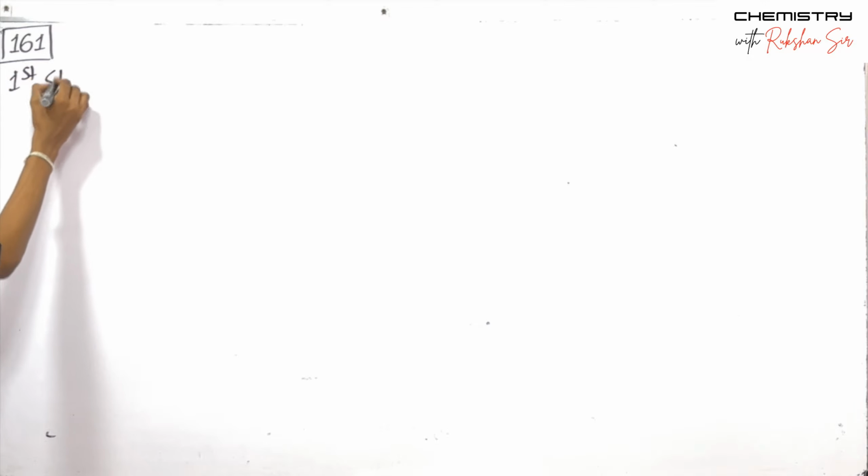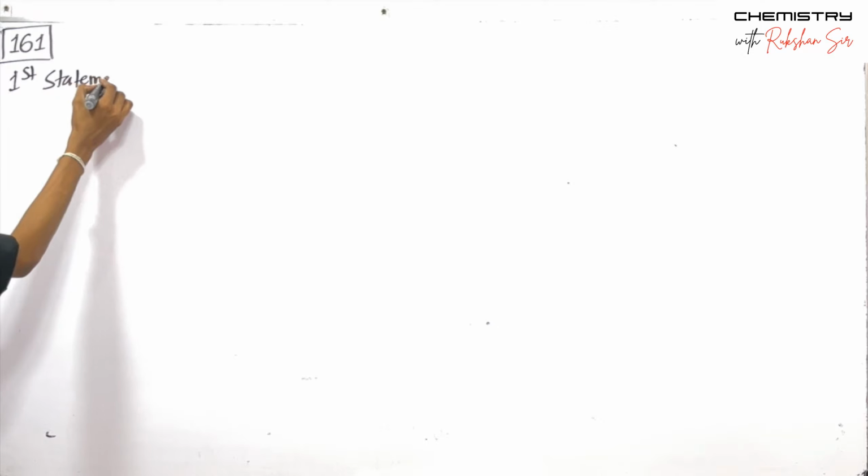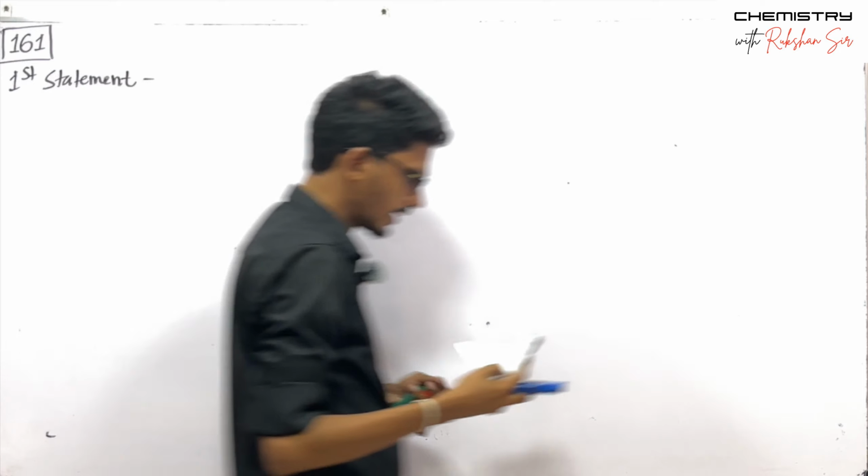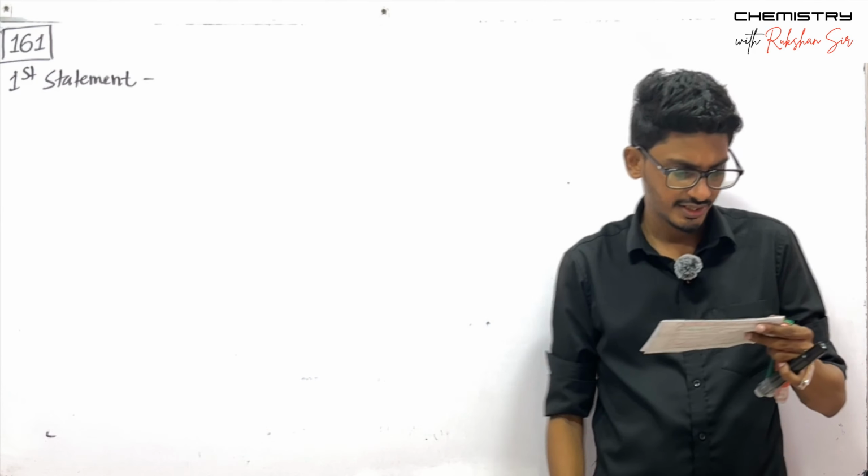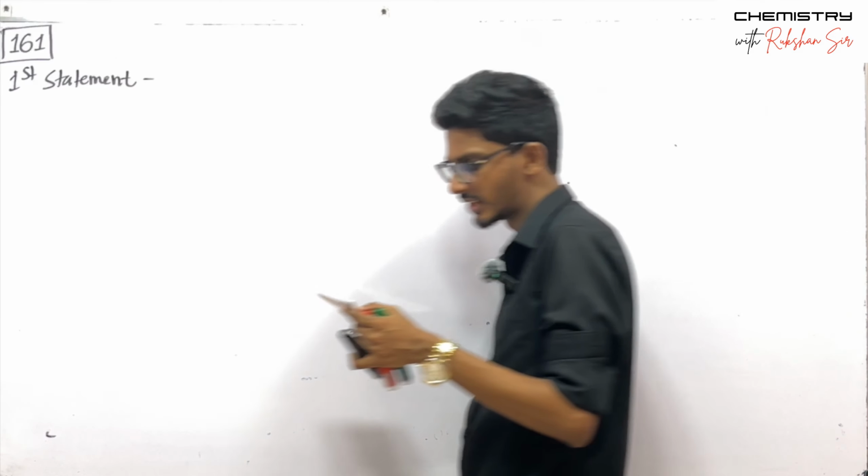The first statement. See what it says. Barium oxalate is soluble in HNO3.